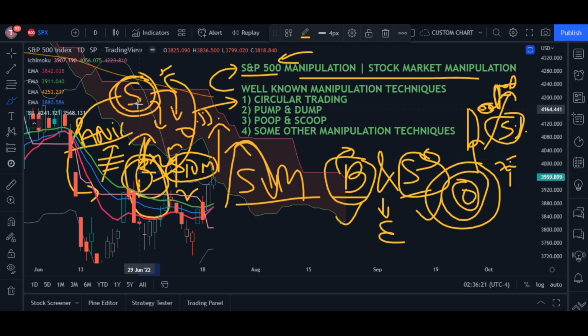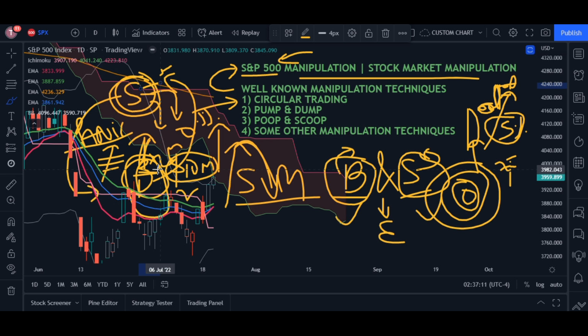So one day this person is the buyer and the other person is the seller. The other day this person is the seller and the other person is the buyer, and they are using different trading accounts, I say different brokers. These clever people, these manipulators, have multiple trading accounts with multiple brokers, and not just in their own name but in the names of their associates.